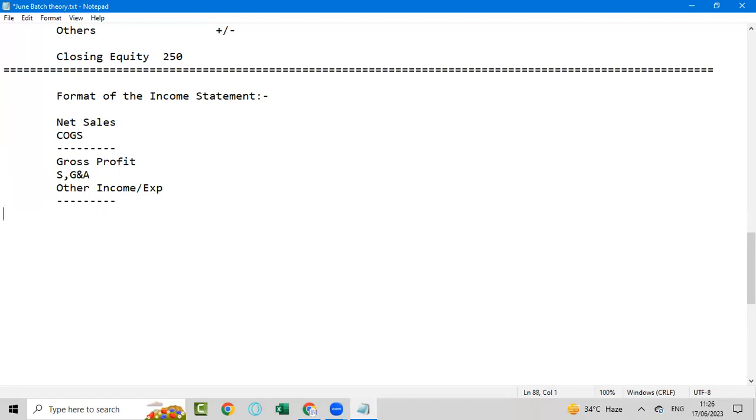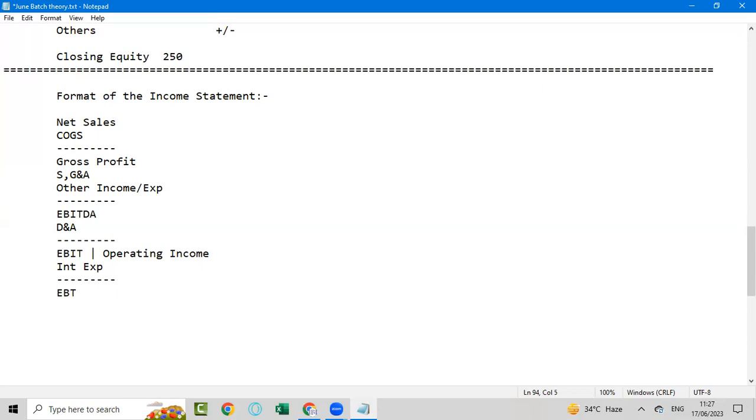Then we will get EBITDA, minus depreciation and amortization. What do we get now? EBIT. This EBIT can be called operating income, minus interest expense. You will get earnings before interest, tax, depreciation and amortization.